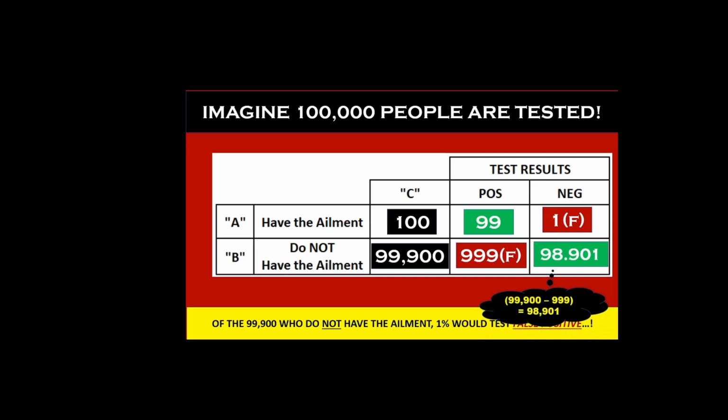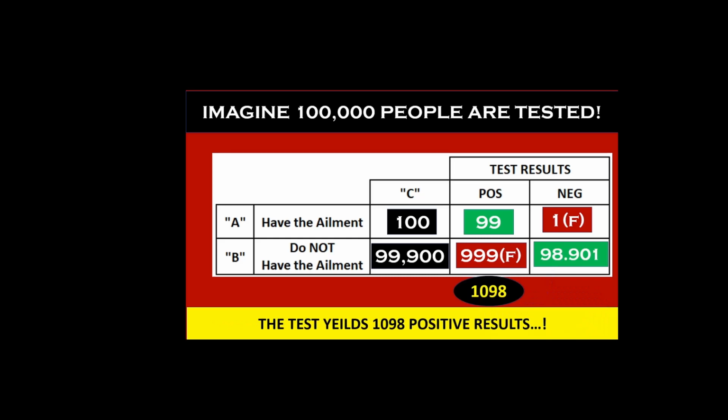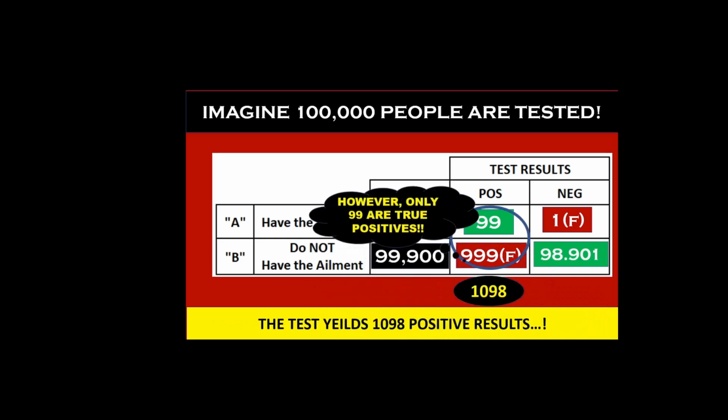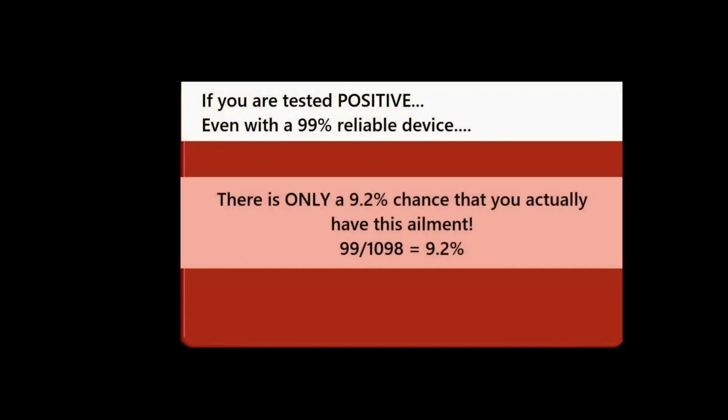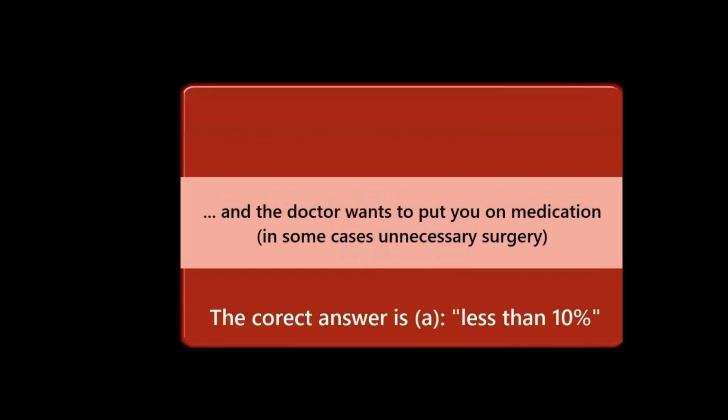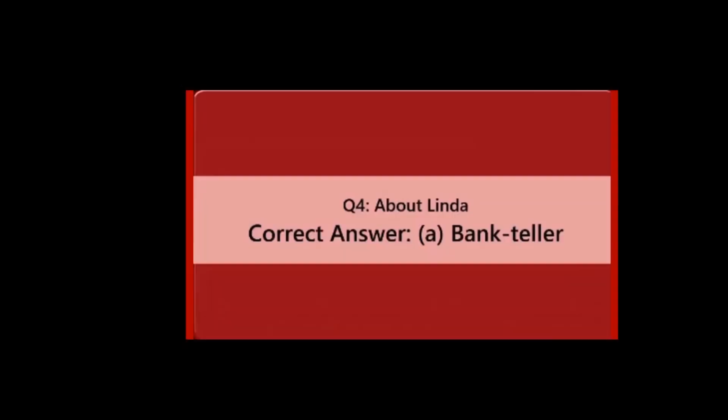The tests yield 1,098 positive results. However, only 99 are true positives. What does this tell us? If you are tested positive, even with a 99% reliable test, there is only a 9.2% chance that you have these ailments. Yes, less than 10%. And the doctor wants to put you on medication.